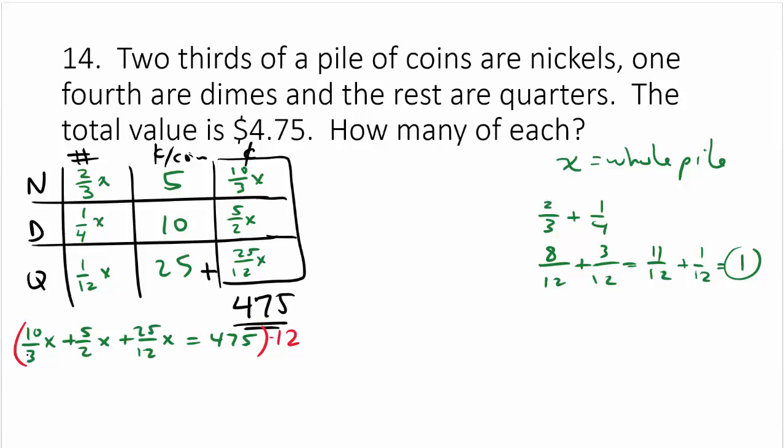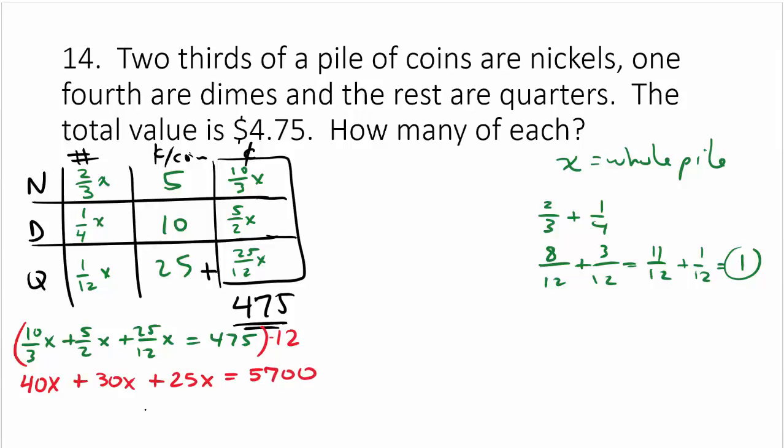So 10/3 times 12, that's 40x, plus 5/2 x times 12, that's 30x, plus 25/12 times 12, that's 25x. And don't forget, 475 times 12, that's 5,700.